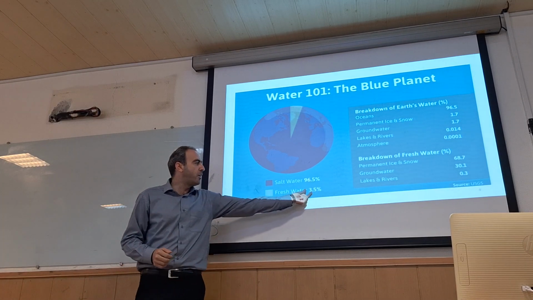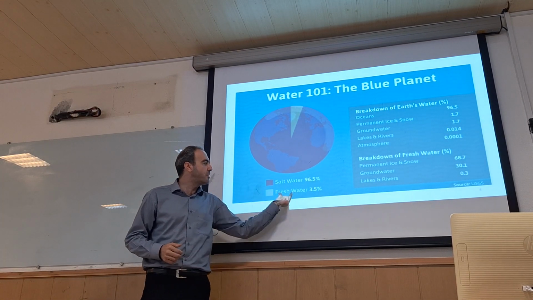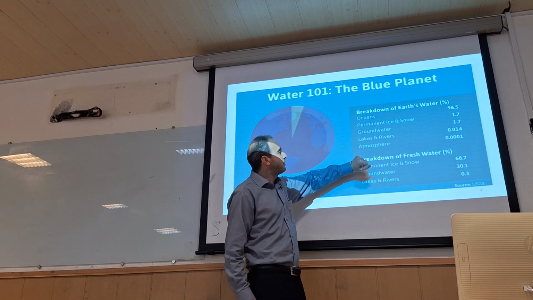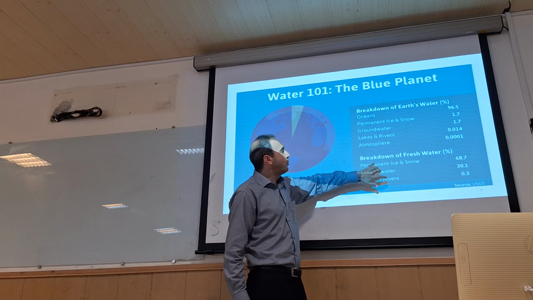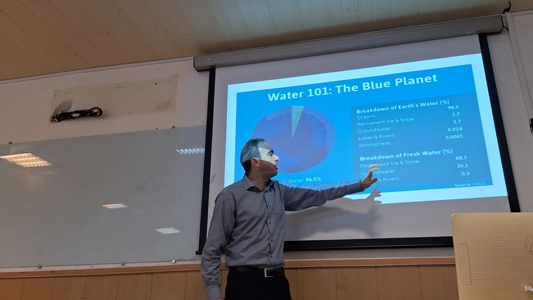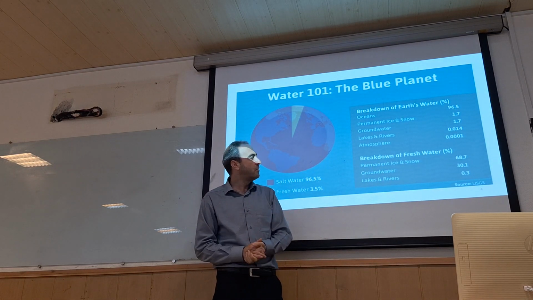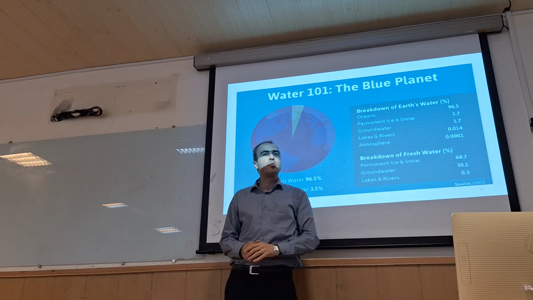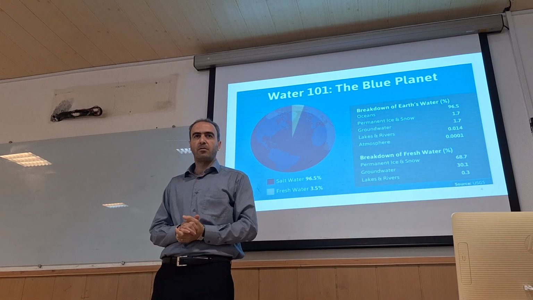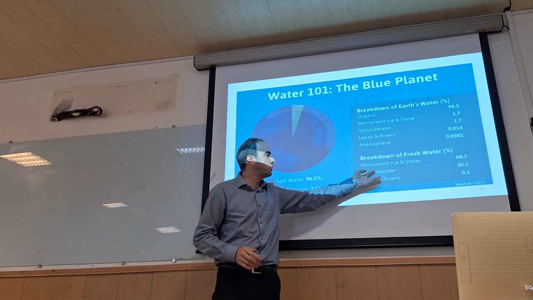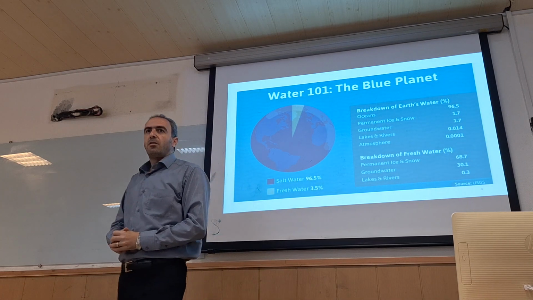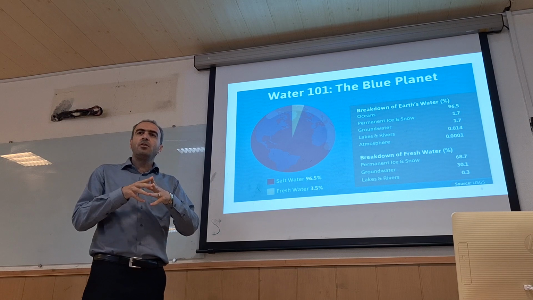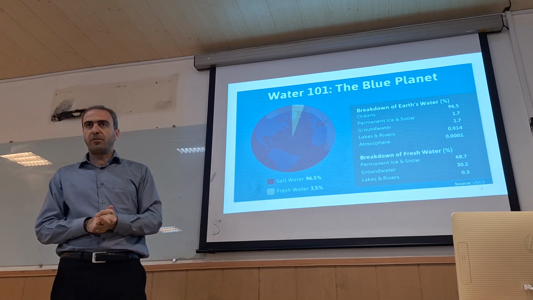Just 3.5% is fresh water, and of this fresh water, 70% is permanent ice and also not available, groundwater is 30%, and lakes and rivers are 0.3% of all fresh water. These are the waters humans can use. So the fresh water in the world is very little.